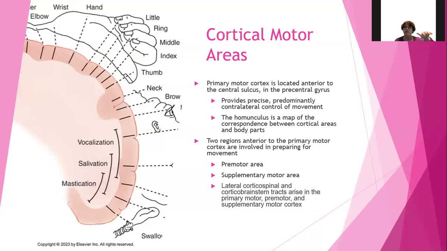We talked about these in the cerebrum chapter, the premotor area and the supplementary motor area. The lateral corticospinal and cortico-brainstem tracts arise in the primary motor, premotor, and supplementary motor cortex. So all of those are contributing to the initiation, composition, and coordination of movement. That's what you should know, really.